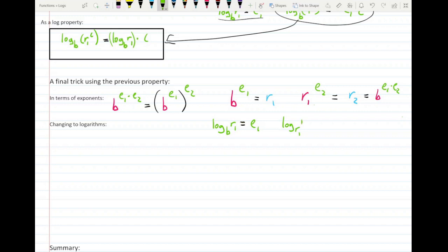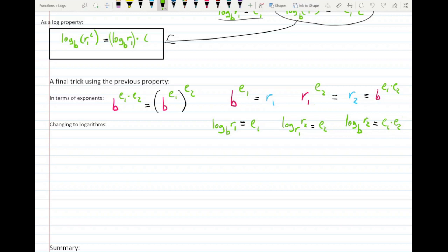Log base r1 of r2 is equal to e2. And for our third equality, we have log base b of our same result, r2, is equal to e1 times e2. So we're recovering the exponent in each part, like before, just by taking the logarithm.